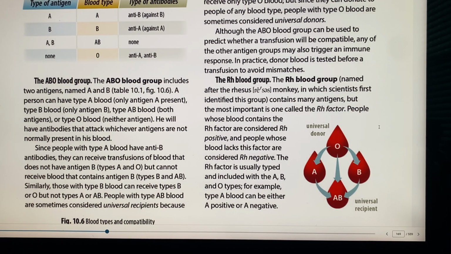So the negative mother's blood is going to try to destroy it, and the blood that mixes when the baby is born can cause a major reaction. That only happens when the mother has negative blood and the baby has positive blood. If the baby has negative blood, no big deal.